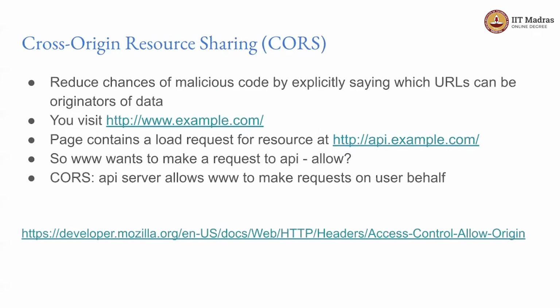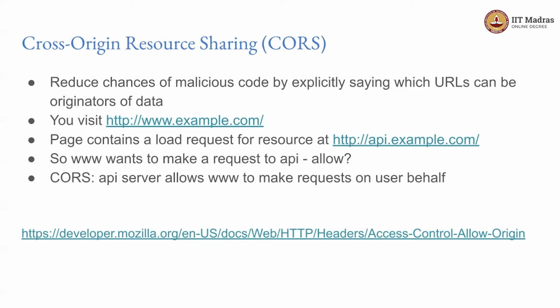Another topic in this regard, with regard to the browser, is something that you might have come across while implementing basic Flask applications. This is called cross-origin resource sharing. And effectively, what we are trying to do is we are trying to say which URLs are allowed to be originators of data. More importantly, you're also trying to say if there is a front-end website like www.example.com, which in turn needs to make a request to an API server, right, which could be api.example.com.